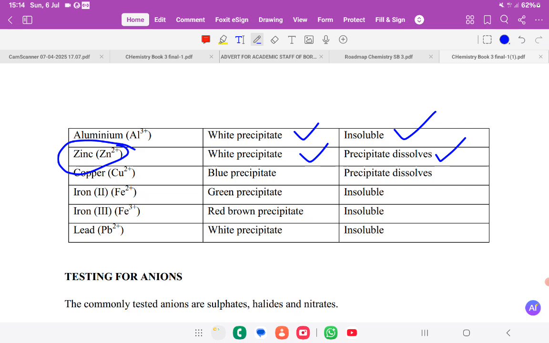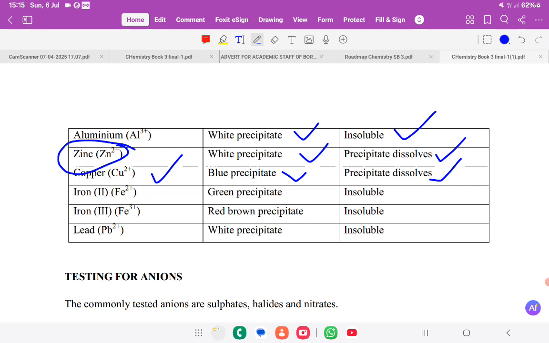A solution that contains copper ions, for example copper sulfate, will form a blue precipitate upon adding 3 drops of ammonia solution, and the precipitate dissolves when the extra ammonia solution is added.